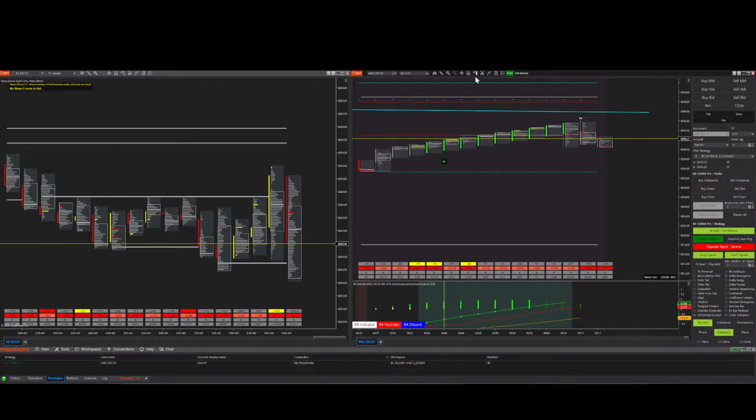For B4, we're loaded to the short side. We're at the zero line area. We need to break below that zero line.